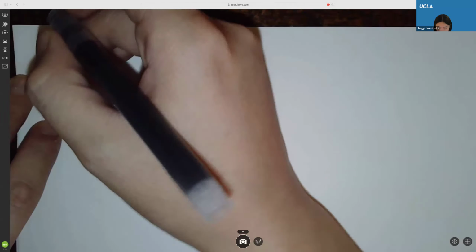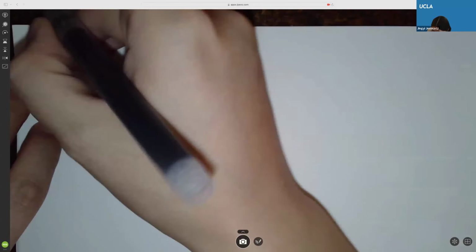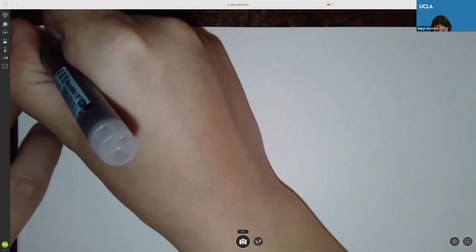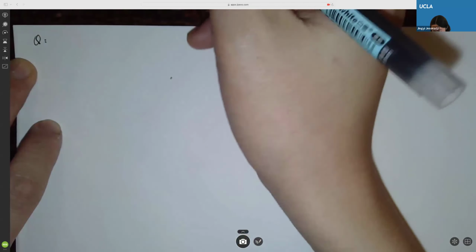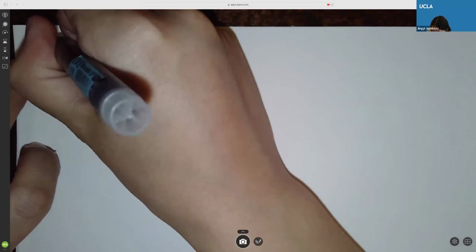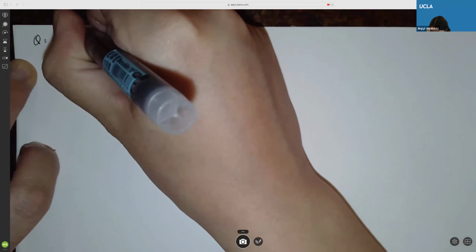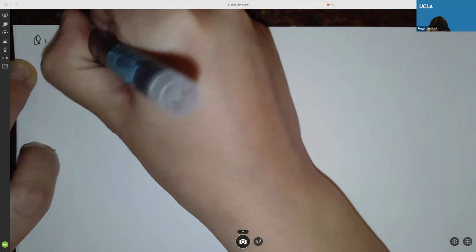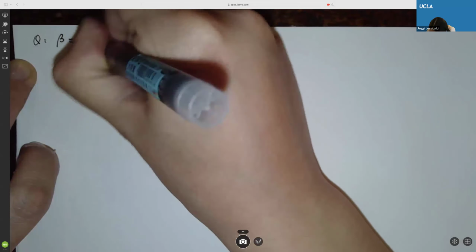Suppose that I am interested in testing this. If I am interested in this beta vector, again, I can write it out as beta 0, beta 1 to beta p minus 1.